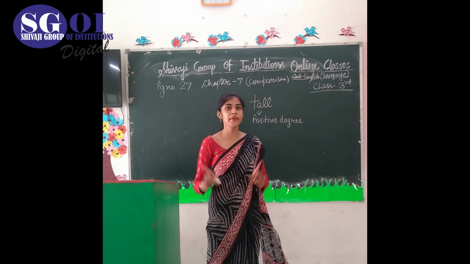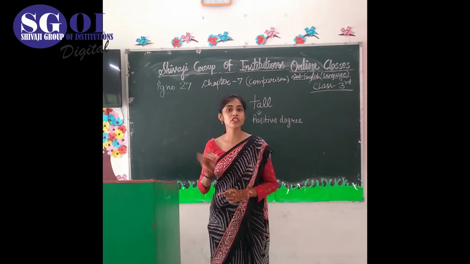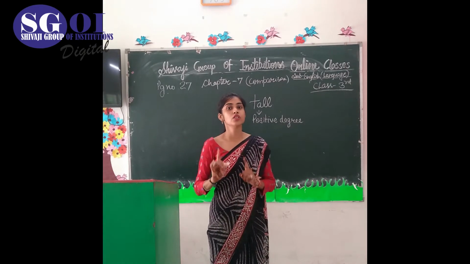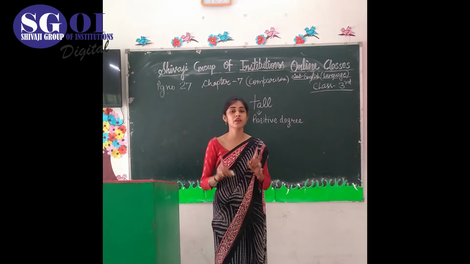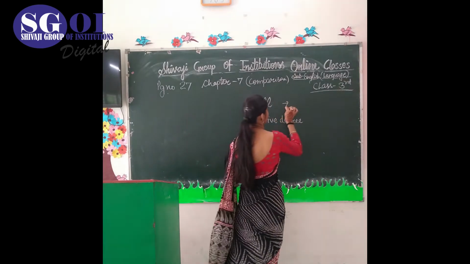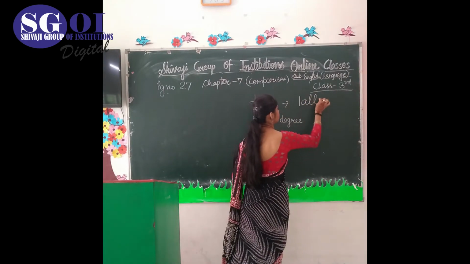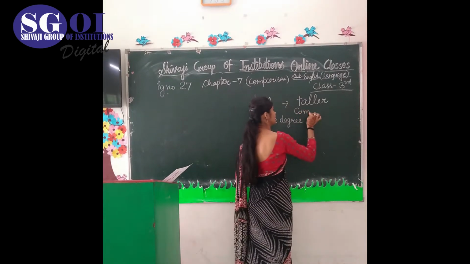When we compare two persons, like Rahul is tall and Shyam is tall, we say Rahul is taller than Shyam. This is a comparison between two candidates. Taller is the comparative degree.